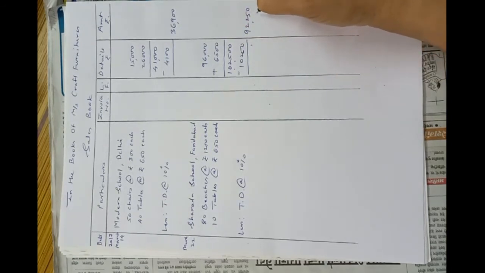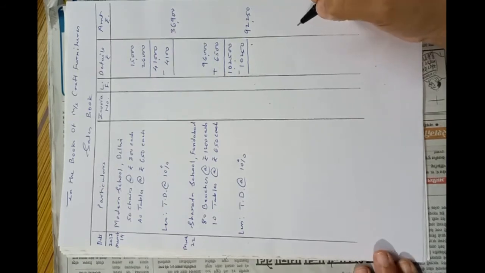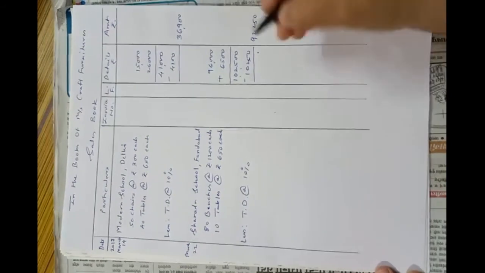Correct, 92,250. Again, the entry of 28th March we have to skip. It will not be recorded in the sales book, as sale of a fixed asset is not recorded in the sales book. So we have completed our sales book. We have to do the total now.